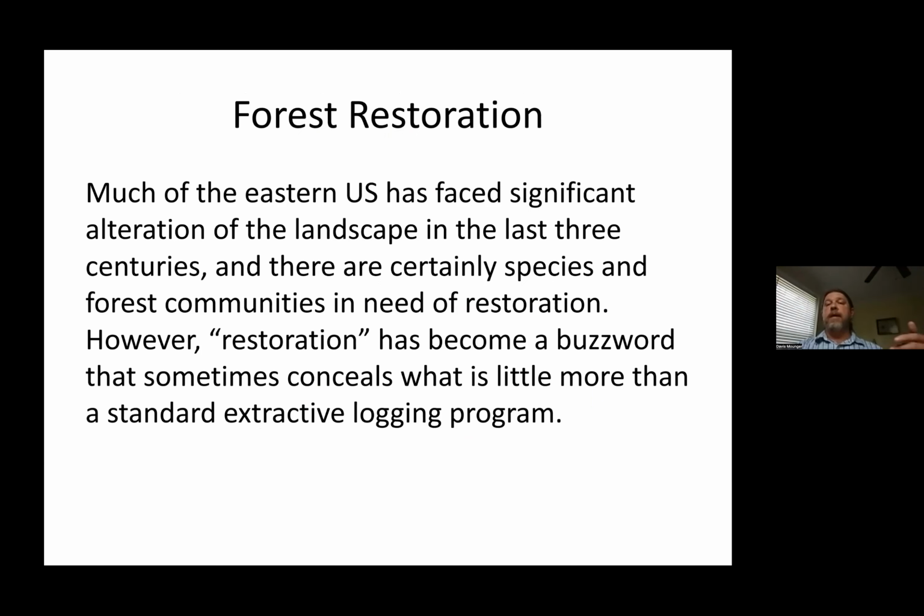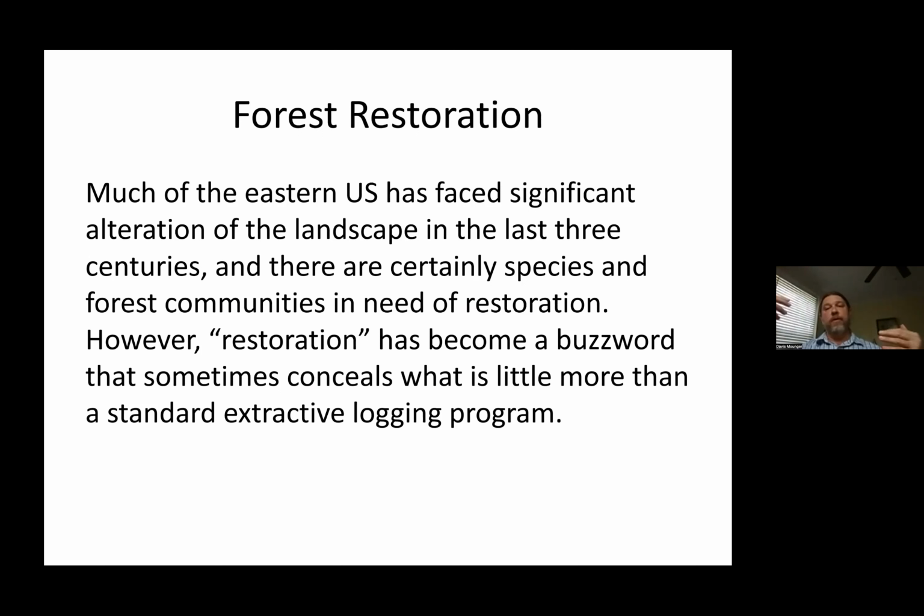First, it made the agency able to not have to say, well, we just want to get the cut out. Now we could say that we're logging for this benign practice of restoring the forest. And you would be hard pressed to find any substantial timber project in the East, and probably most of the United States in general, that isn't listed as a forest health and restoration project.